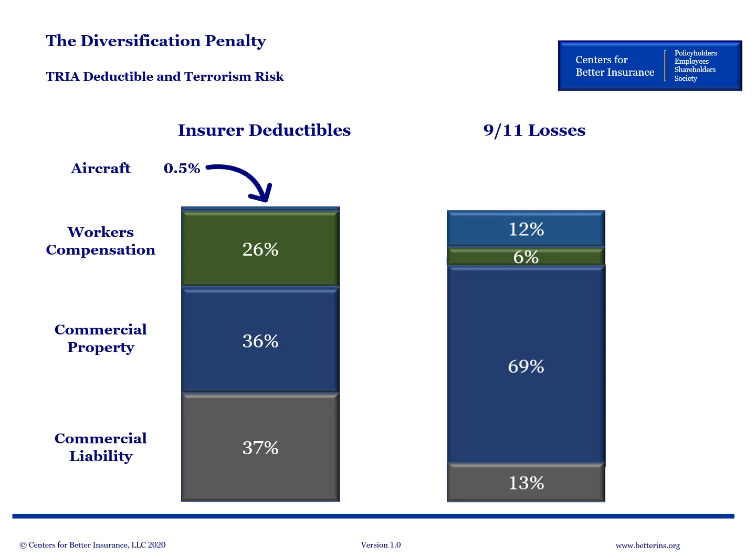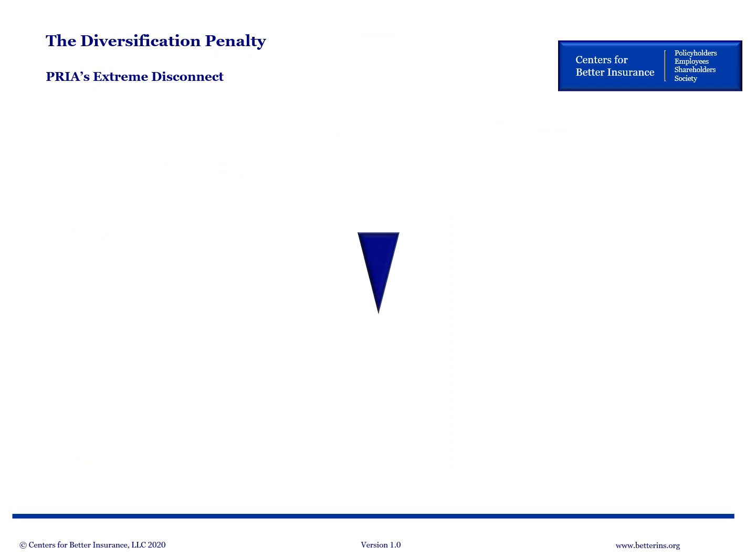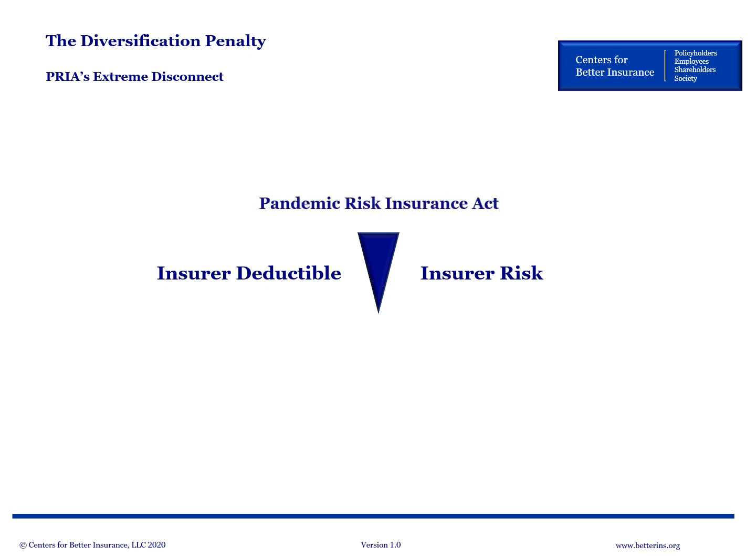There is little correlation between the amount of an insurer's TRIA deductible and the amount of the terrorism risk in the insurer's portfolio. The disconnect between insurer deductible and risk is even more pronounced under the proposed Pandemic Risk Insurance Act.